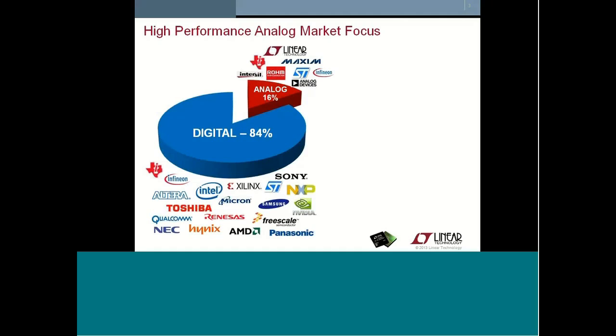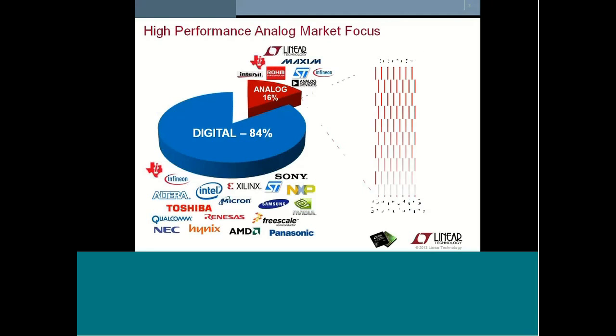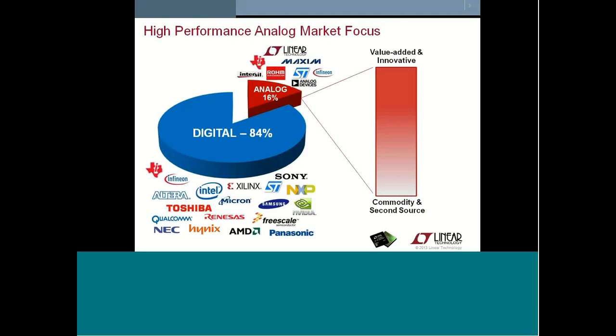The analog market has fewer suppliers and typically requires more specialized processes. The analog market can be further divided into the higher end, also the commodity and second source products. We are focusing on the higher end, and we provide solutions that include more features and more value to the customer's products.